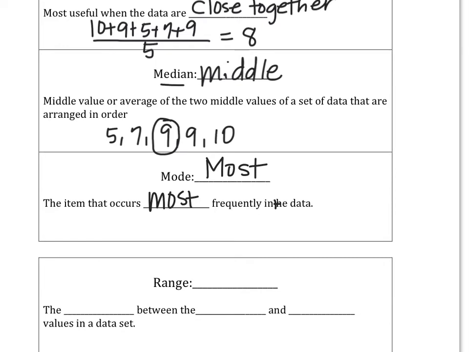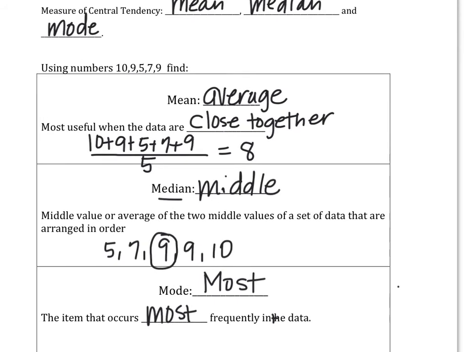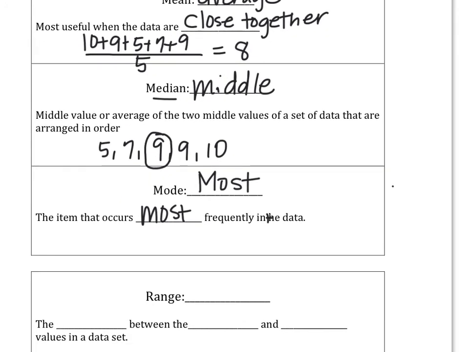Let's use this set right here since we've already arranged them in order. We can see which one occurs the most. In this one, there's a 9 that occurs 2 times, so that one occurs the most. Our answer is 9 because it occurred twice.